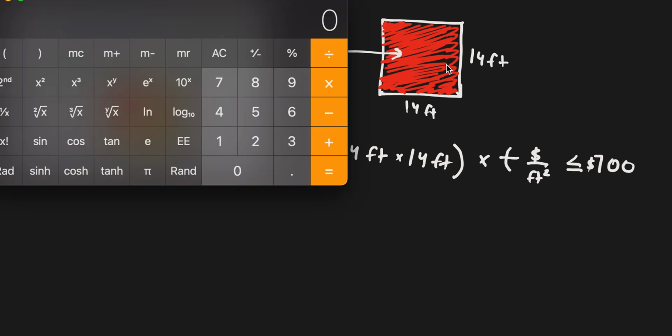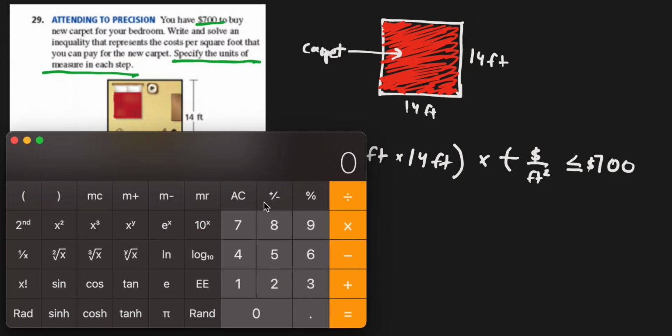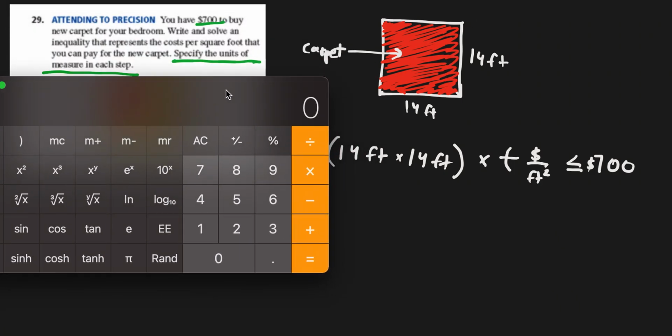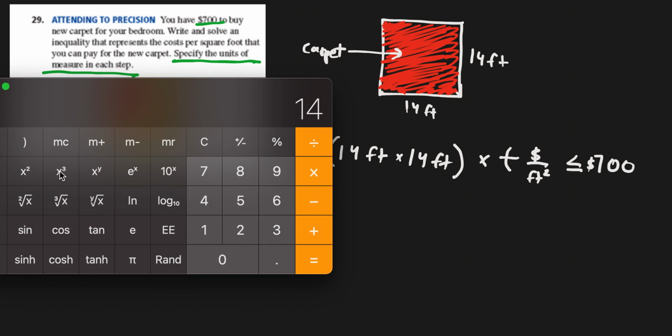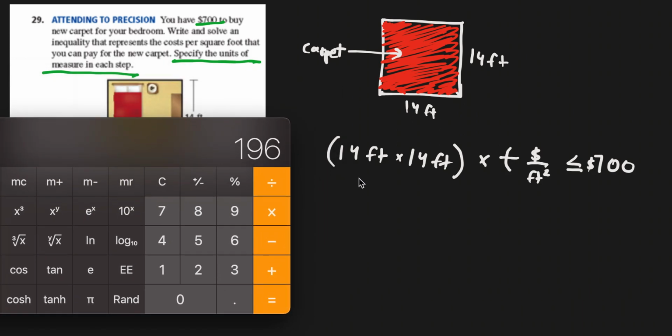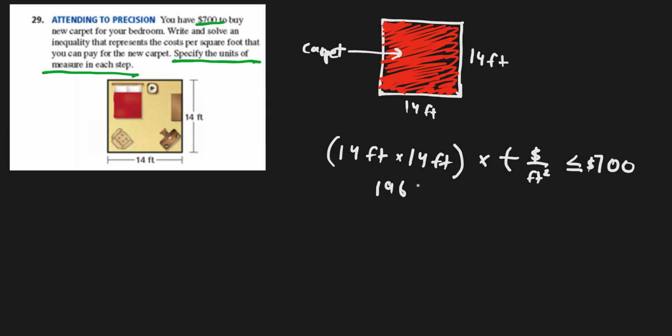14 squared is 196. 196 feet squared, because feet times feet is feet squared, times T. I don't know why I use T for cost.